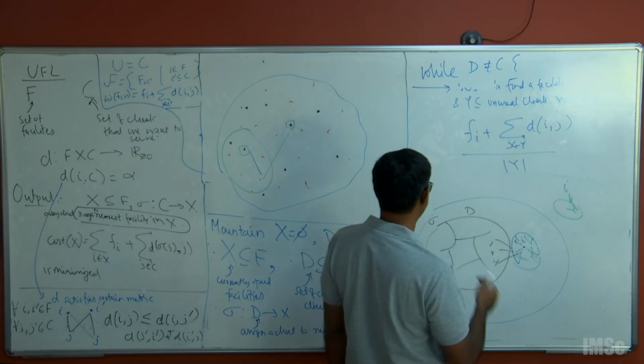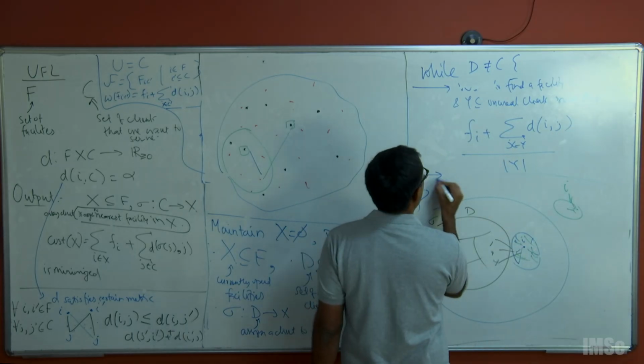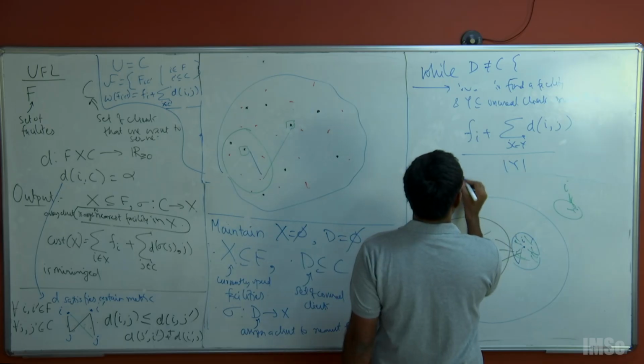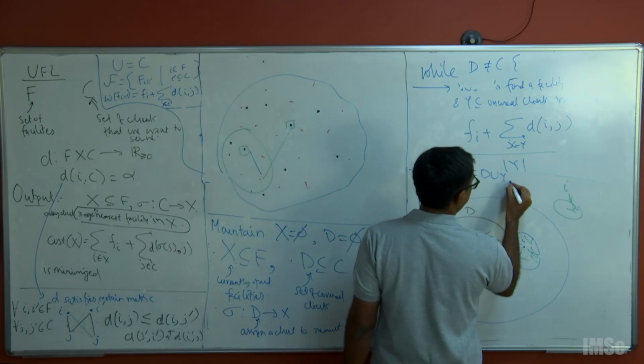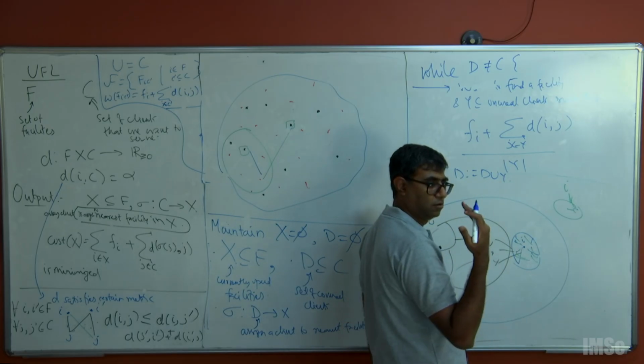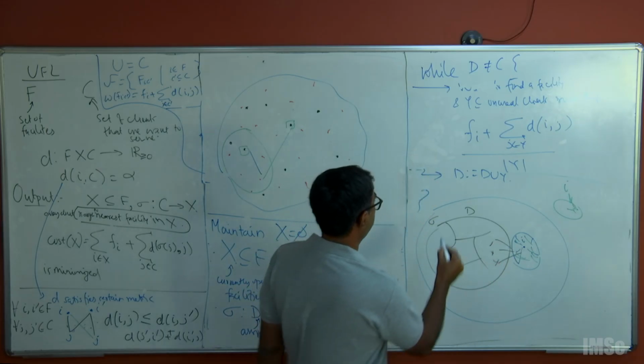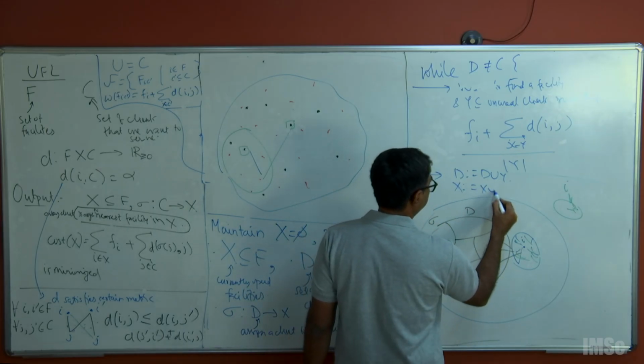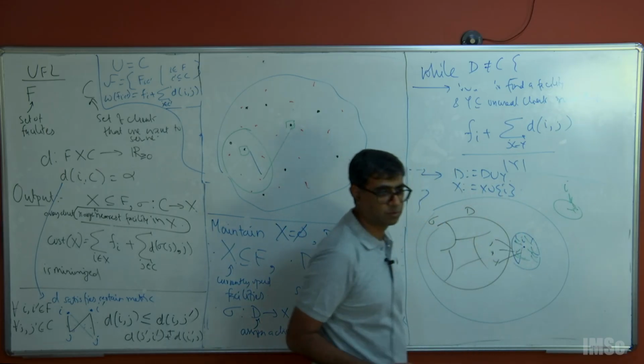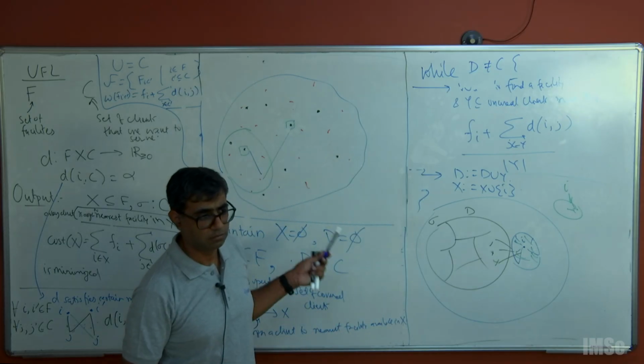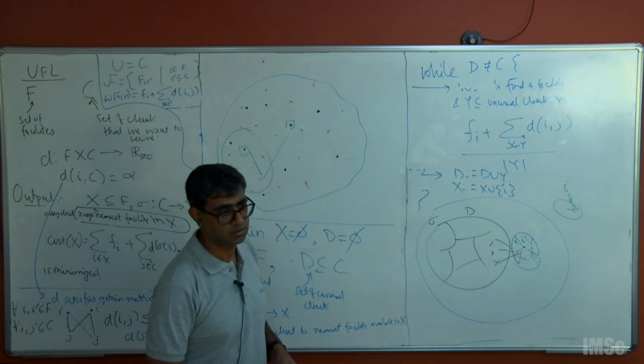That's a cost efficient set. Then D becomes D union Y, and X becomes X union I. What's the problem in this? There's no problem. This algorithm will give you a log n factor approximation.